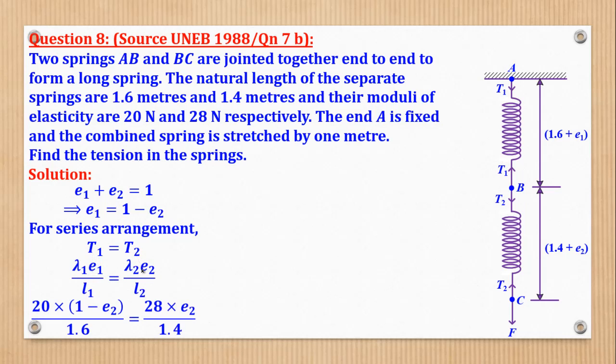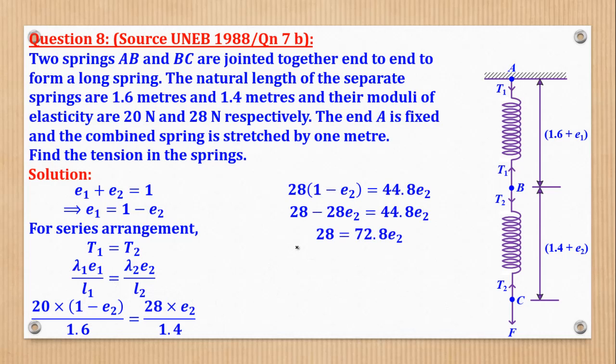Then come and substitute modulus, extension, original length. Then cross multiply and simplify to get E2. So it will be that. I know that E1 is given by this, so I can get my E1.